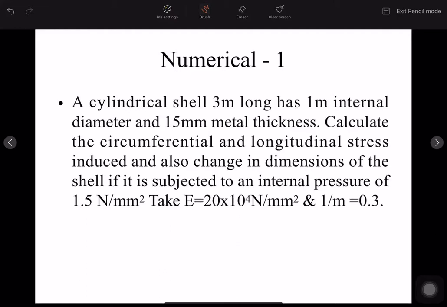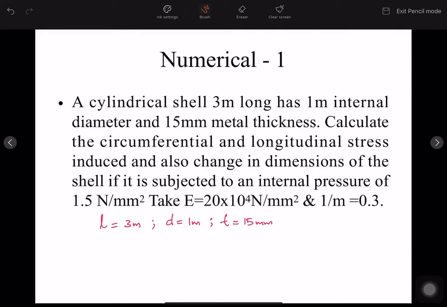A cylindrical shell 3 meter long has 1 meter internal diameter and 15 mm metal thickness. So given: length is 3 meter, internal diameter is 1 meter and metal thickness is 15 mm.